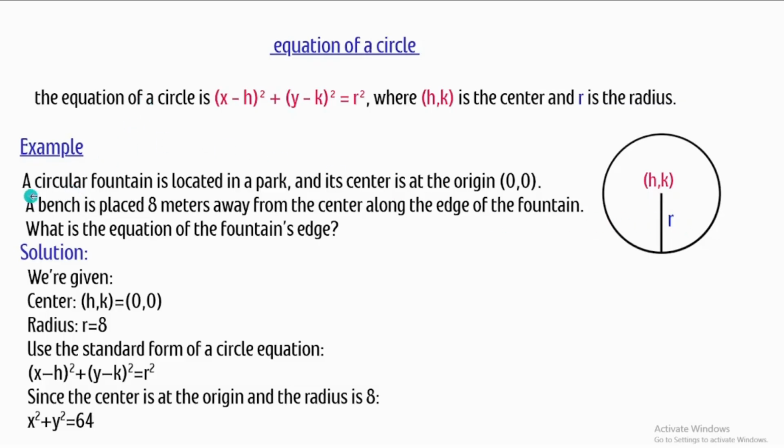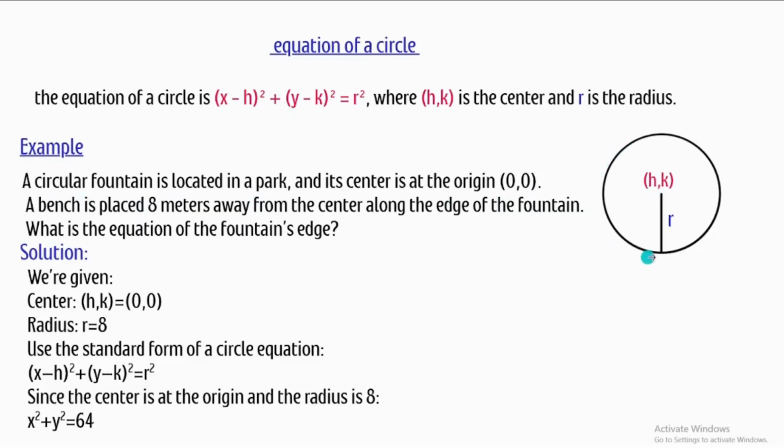Example: a circular fountain is located in a park, and its center is at the origin, 0 and 0. A bench is placed 8 meters away from the center, along the edge of the fountain. What is the equation of the fountain's edge? It's a circle, and the fountain is in the center.